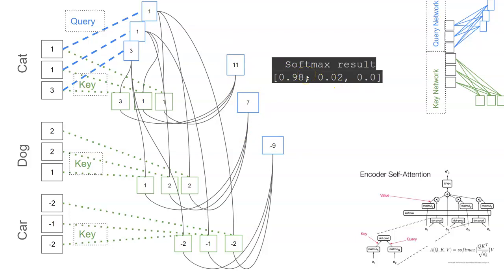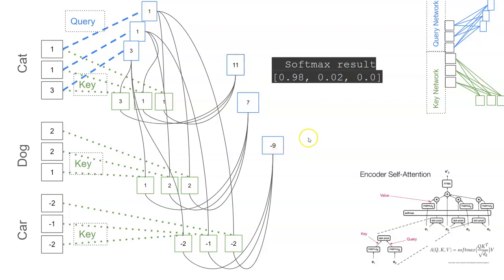If you add every number together, 0.98, 0.02, and 0.0, they come up to 1. That's what softmax does. Sometimes we call it probabilities. So 11 is much higher than this one. It is a little bit strange that 11 is much more than 7, but you have to look at that.